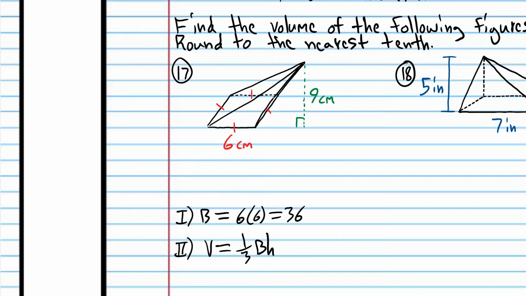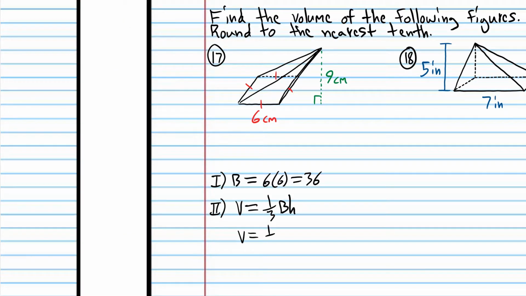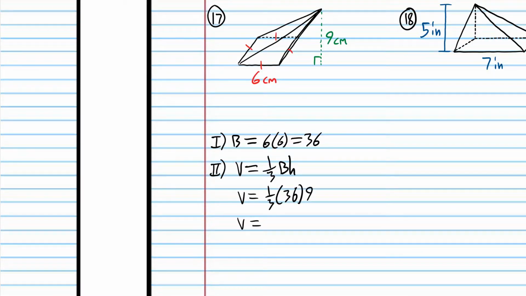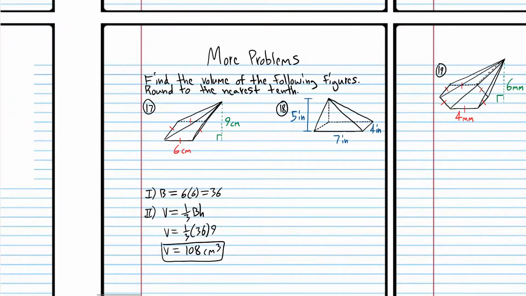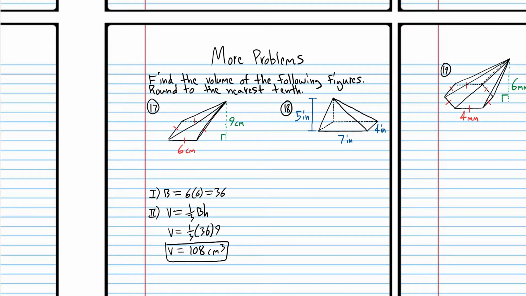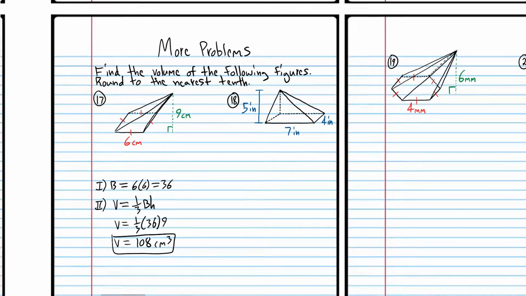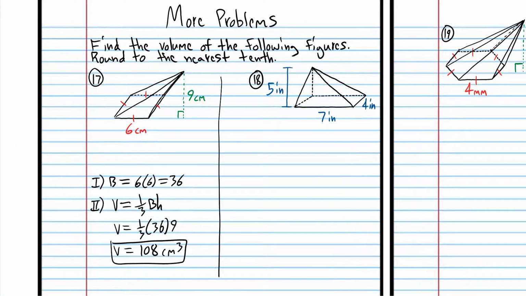So the volume is equal to 1/3 times 36 times height, and then we get 108 cubic centimeters. So the whole point of that is to show you that the formula for the volume of a pyramid works even when you don't have a pyramid that is symmetric. So why don't you try number 18? It's the same type of problem, and when you come back, we'll do it together.